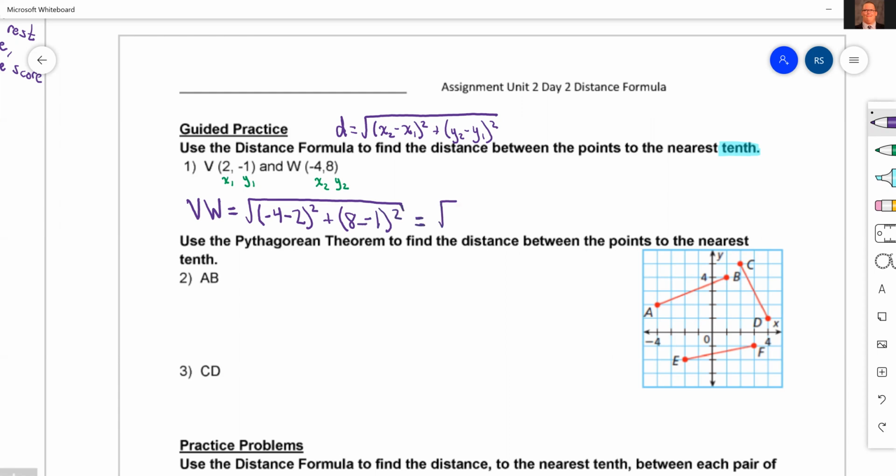That means I'm doing -4 minus 2. It's going to be -6 squared plus 8 minus -1. It's going to be a 9 squared. So I have the square root of, I'll put all that in my calculator.